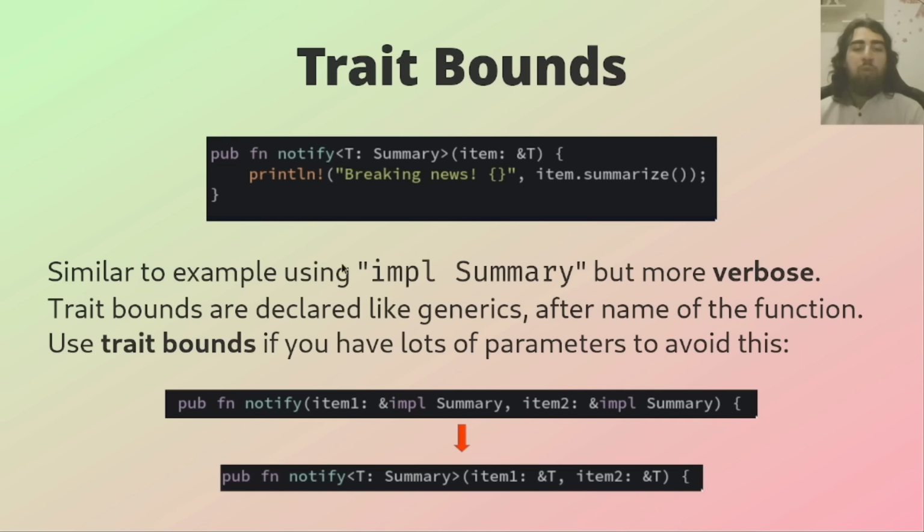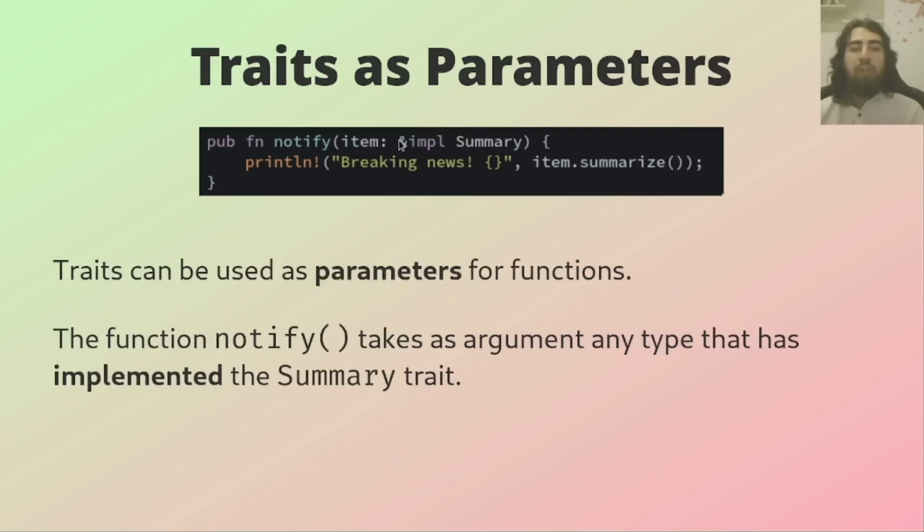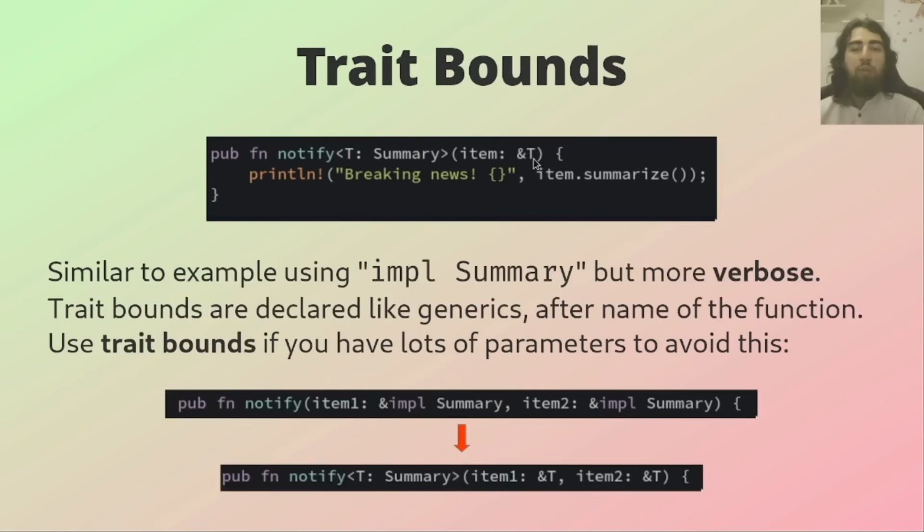And this is similar to the example using impl Summary, but more verbose. So as you can see, this would actually be exactly the same as what we did over here. Trait bounds are declared like generics after the name of the function, and use trait bounds if you have lots of parameters to avoid this.